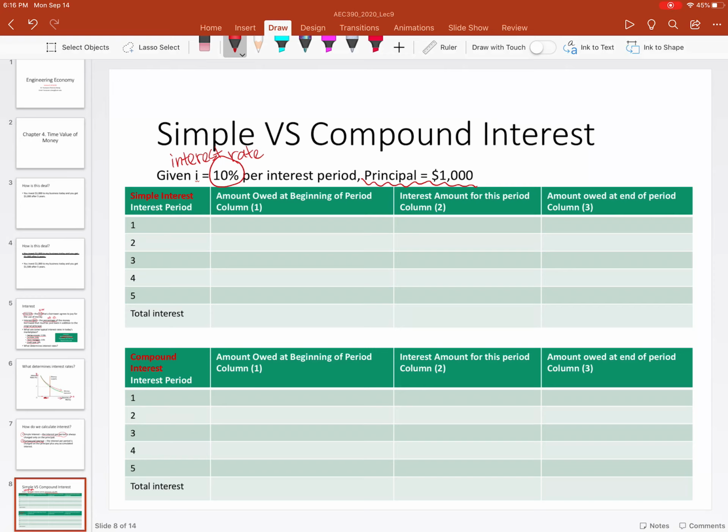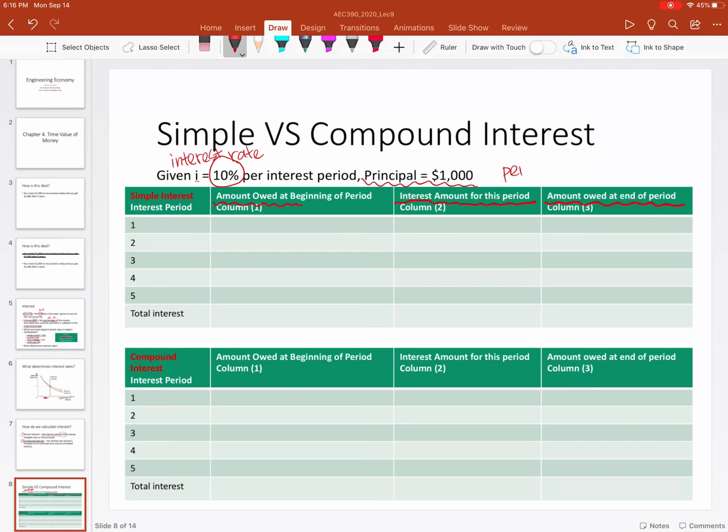Then we want to manually fill up this form to see the amount owed at the beginning of each period, the interest amount for that period, and the amount owed at the end of that period.